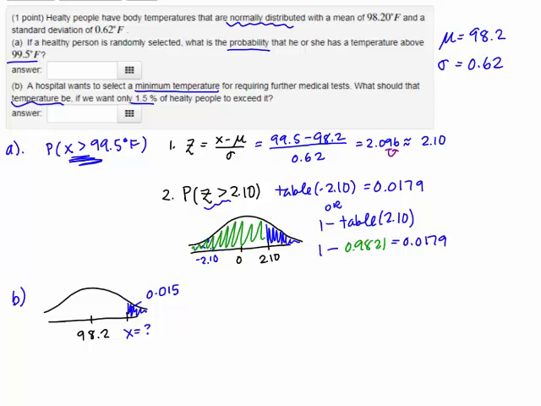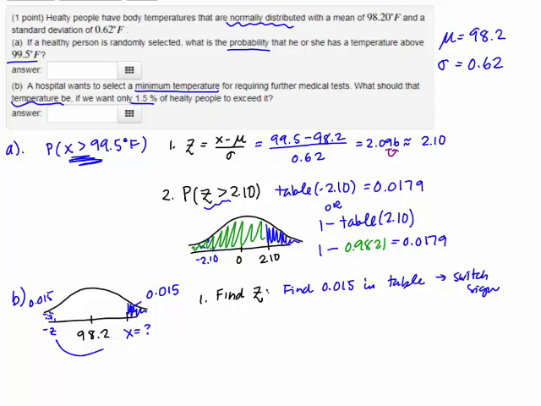By hand, we need to first determine the z. Find z. That means we look inside the body of the table for 0.015, and then turn it into an opposite sign by symmetry, because if you find 0.015, you'll be finding an area to the left of this negative z.